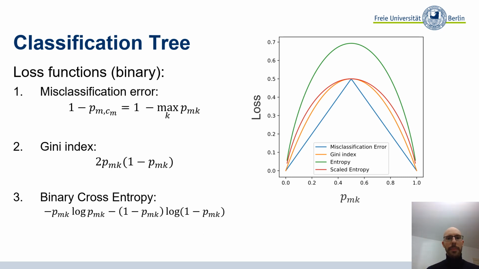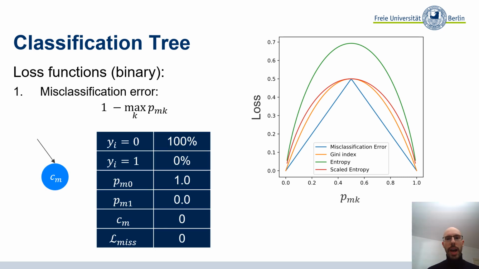Here again, the misclassification error looks pretty much the same. The Gini index we can reduce to a nicer expression because we only have 2 labels, 0 or 1, and no matter which label k we pick, since the expression is symmetric, we can reduce this to this form. For binary cross entropy, we have the same situation as for the Gini index.